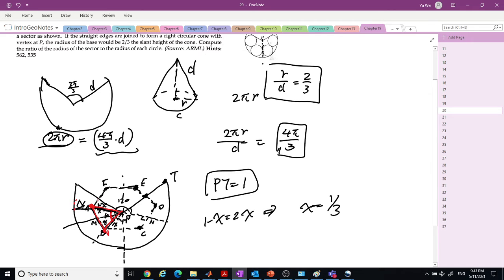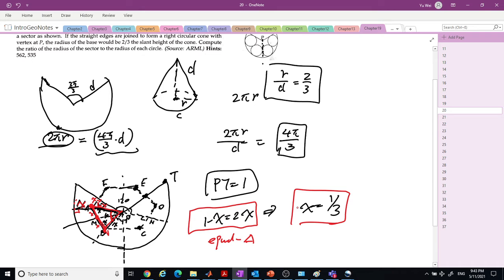Here is the touching point, here is the touching point. So that's why this is X, this is X, right? And this is 2X because it's passing the tangent point. So this is X, this is X, and this is 1 minus X, right? So that's why you have 1 minus X equals 2X from the equilateral triangle. And then you have X equals 1/3.